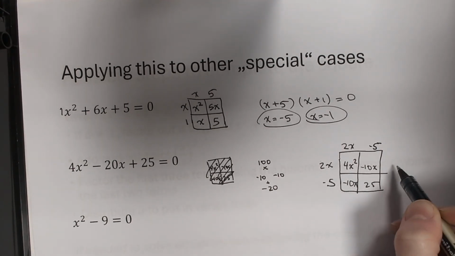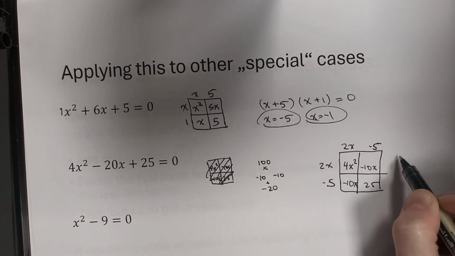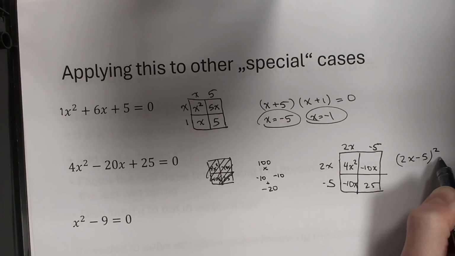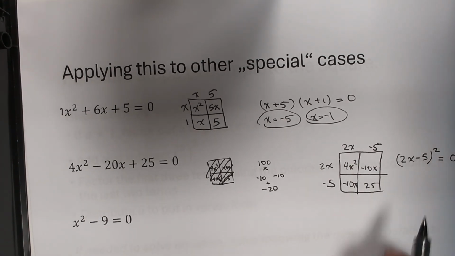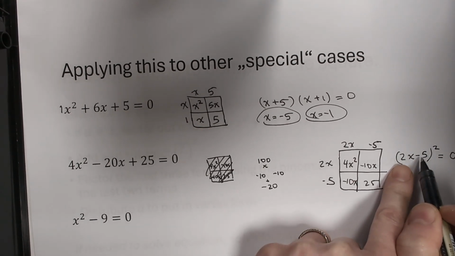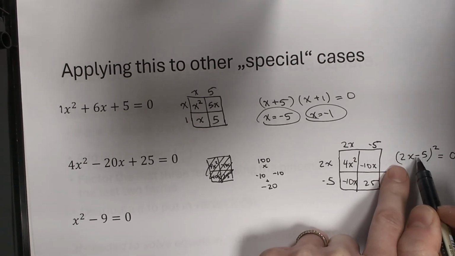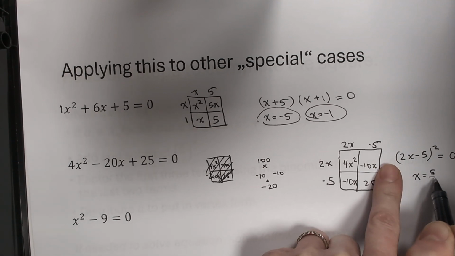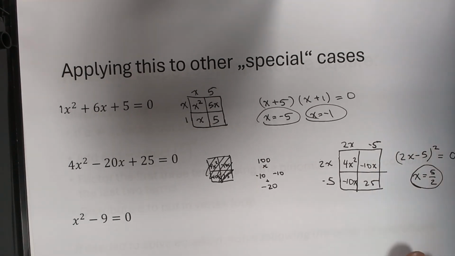That one is negative. And what we see here is that this is actually a perfect square, because anything times itself is equal to a square. So we have the same root twice, and if you were to make this equal 0, we get 5 divided by 2. There's only one distinct root.